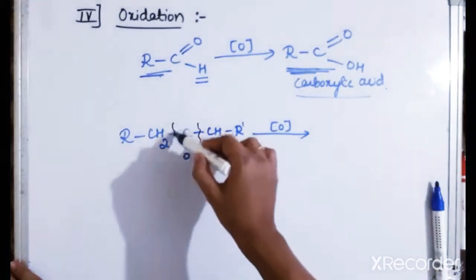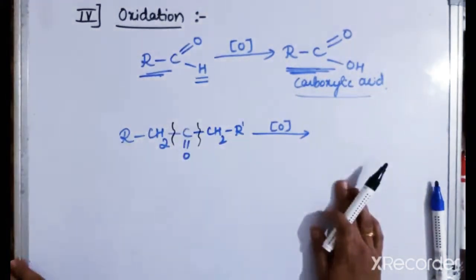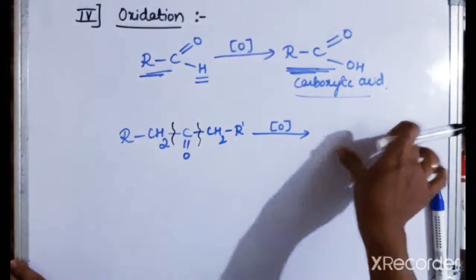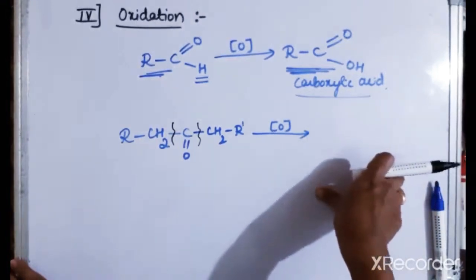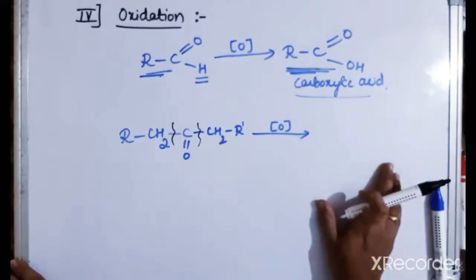There is a cleavage of the bonds, because of which oxidation gives a mixture of carboxylic acids with different numbers of carbon atoms in the product.